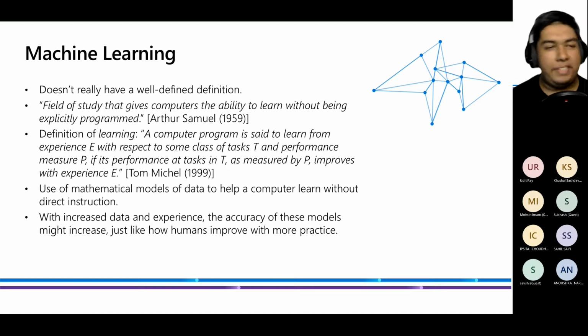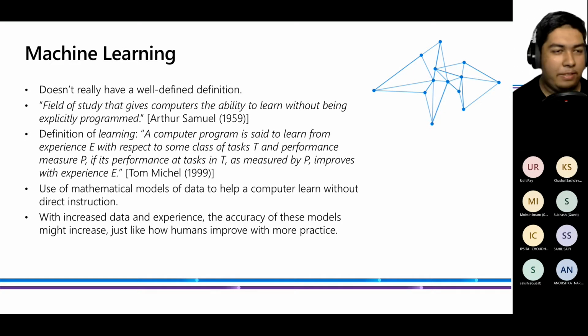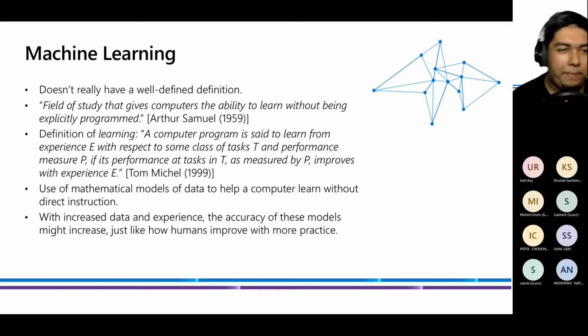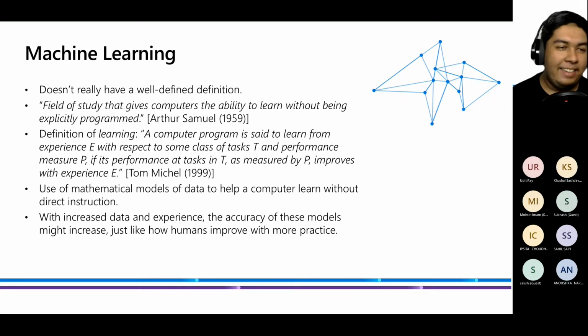Tom Mitchell then defines what learning is. I said that machines can learn and can do machine learning, but what is the learning process here? A computer program that we will be creating is said to learn from a certain experience if it can do certain tasks, denoted by T in their definition, and we can get some performance measures, like metrics, like accuracies and stuff like that.